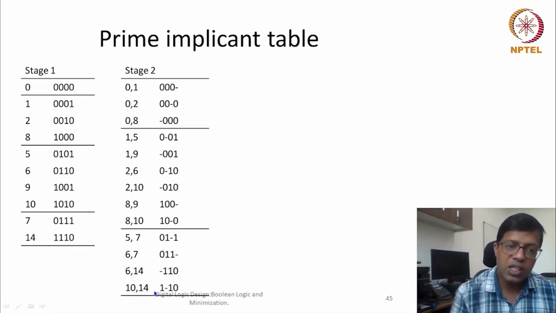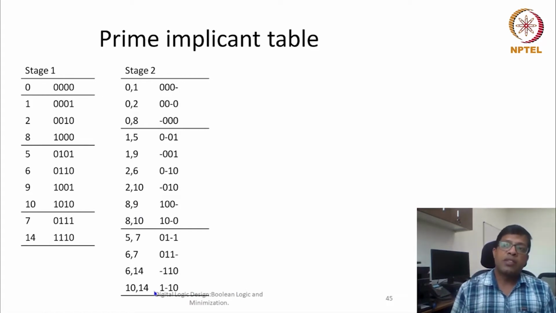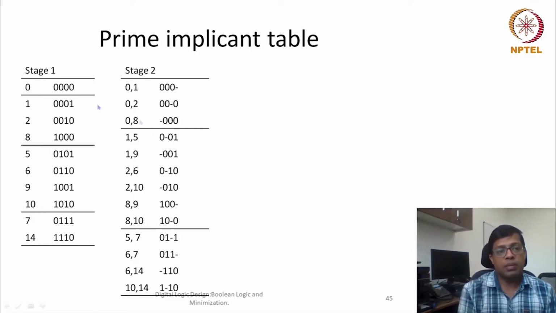So this gives us another hint while doing comparison: if the difference between the smaller mean term and the larger mean term is a power of 2, then that means they can be combined.